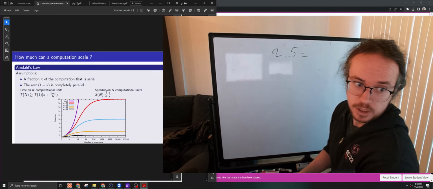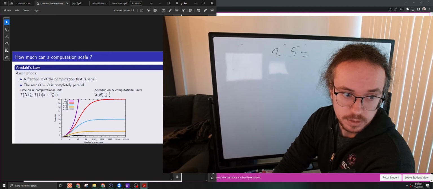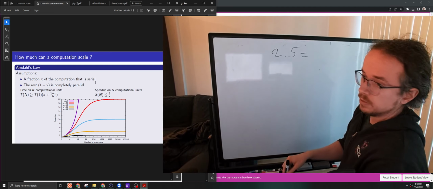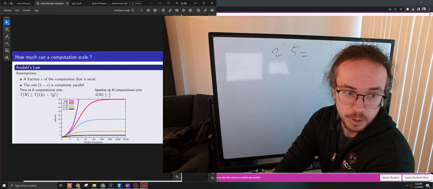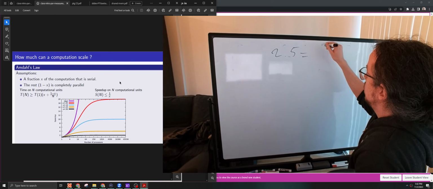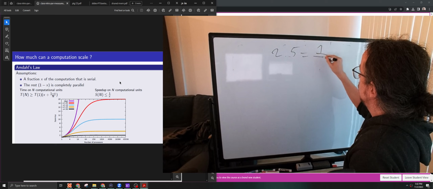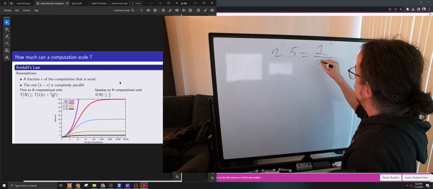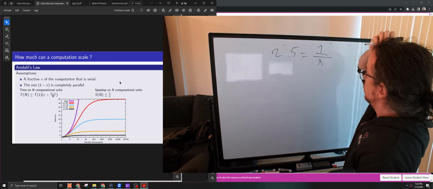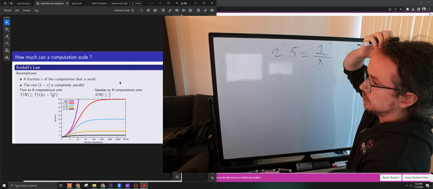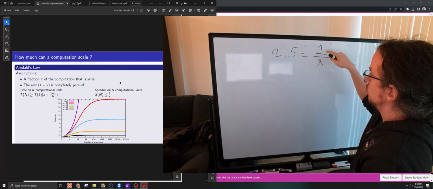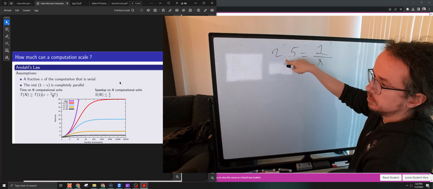So speed up on n computational units, our speed up equals 2.5, and we want 1 over x. And so our goal here is what do you divide 1 by to get 2.5?